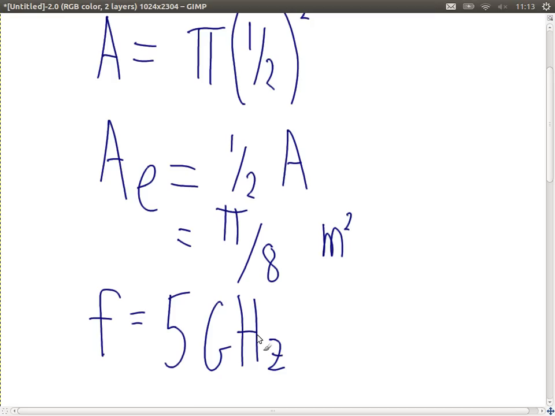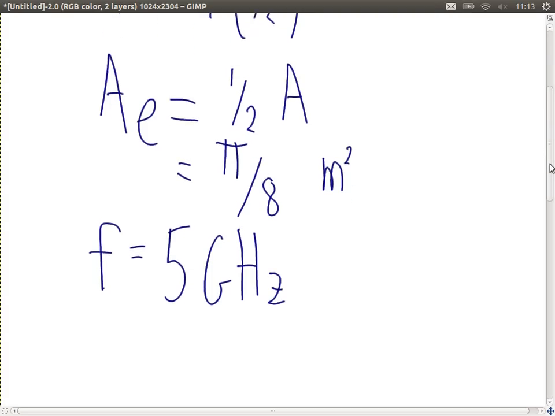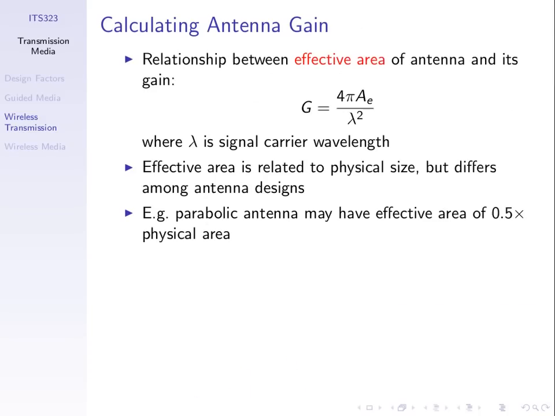We know the frequency, we know the effective area, find the gain. Of course, using this equation: 4 times pi times the effective area divided by lambda squared.